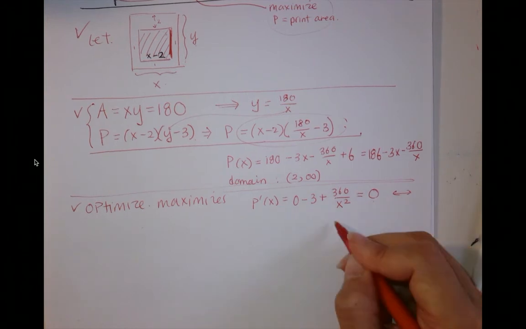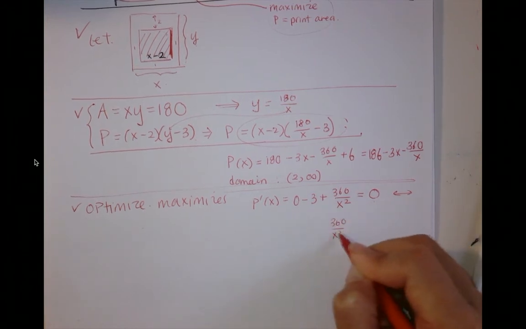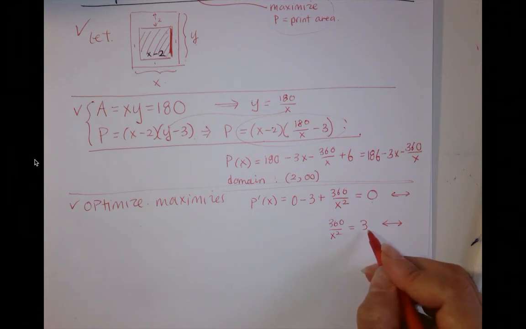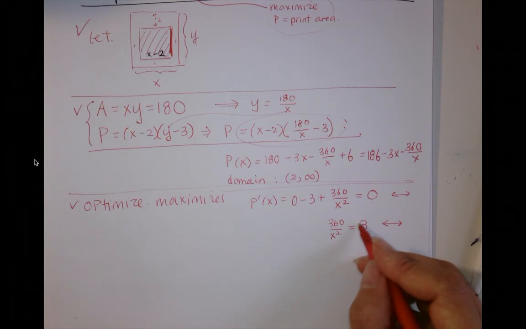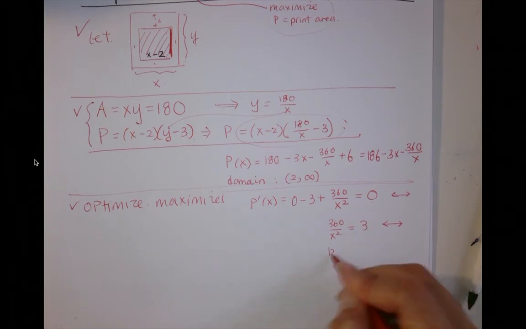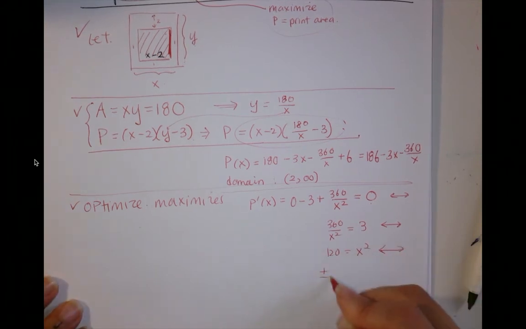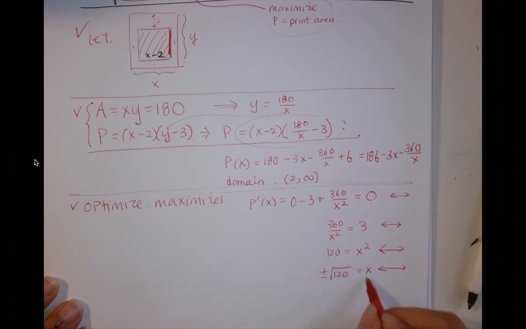So this is equal to 0 if 360 over x squared is equal to 3. Let me multiply both sides by x squared and divide by 3. So I get 120 is equal to x squared, which tells me that x is equal to the positive or negative root of 120.